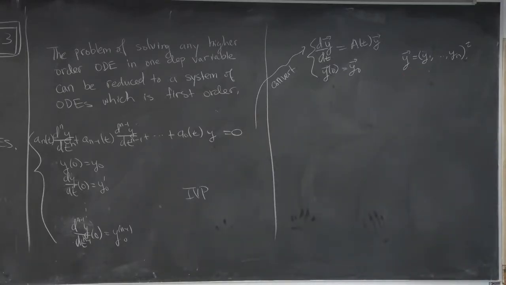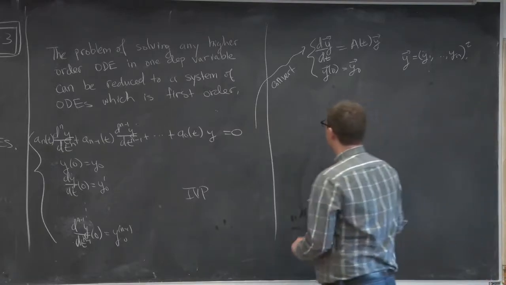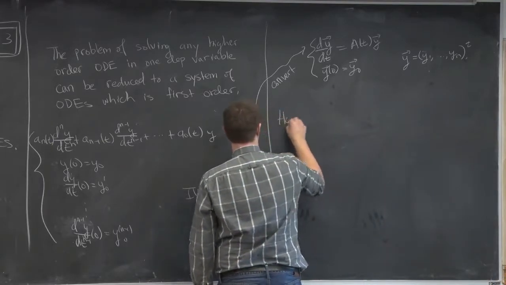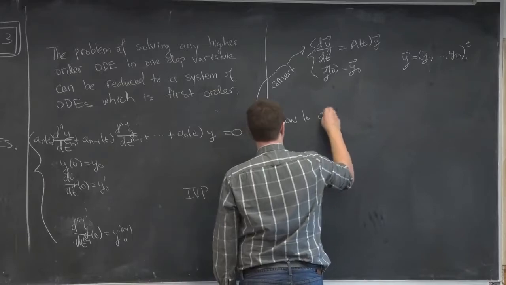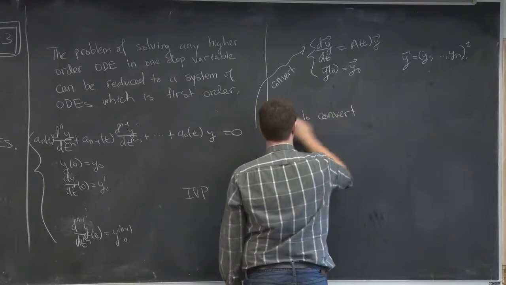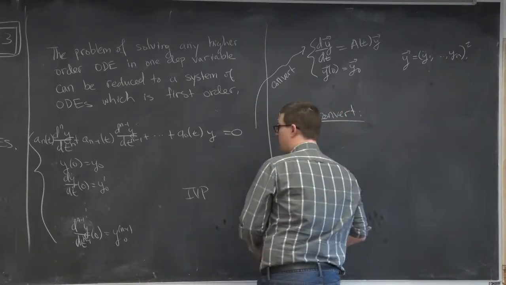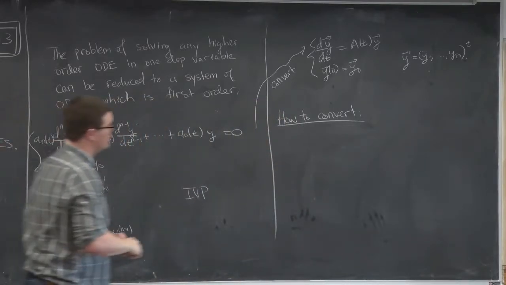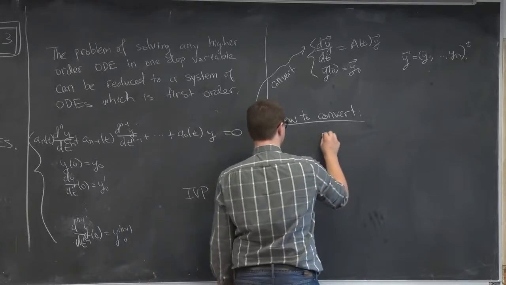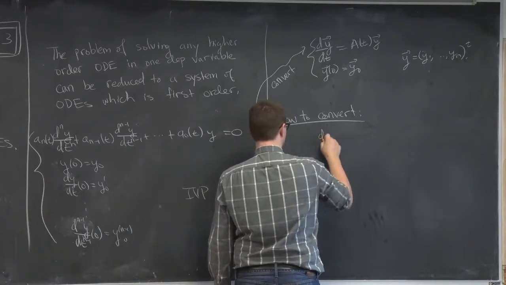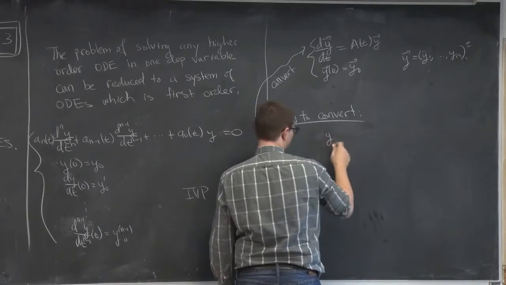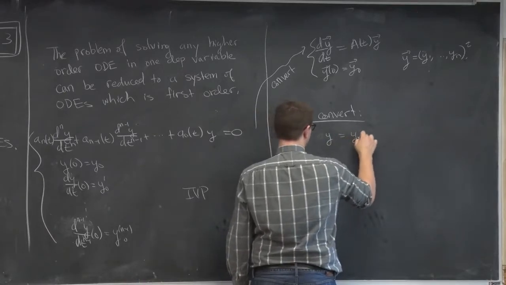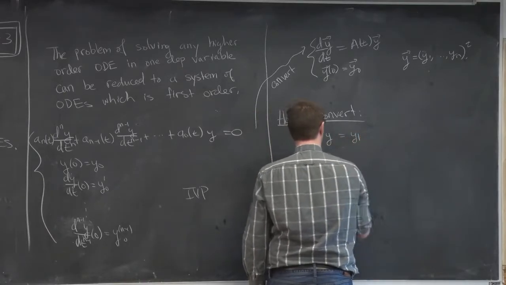Okay? So the process goes like this. What we do is we just declare new variables. So we say y is going to be y1, okay?